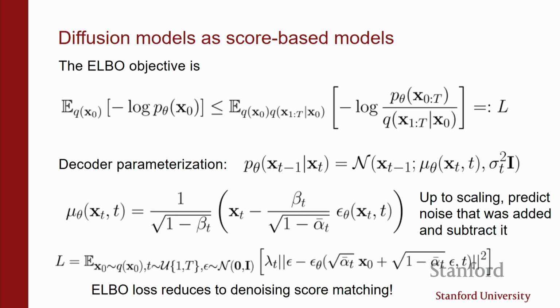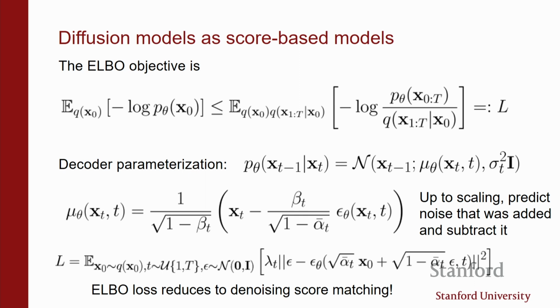So minimizing the negative ELBO, or maximizing the lower bound on the average log likelihood, is actually the same as trying to estimate the scores of these noise-perturbed data distributions.